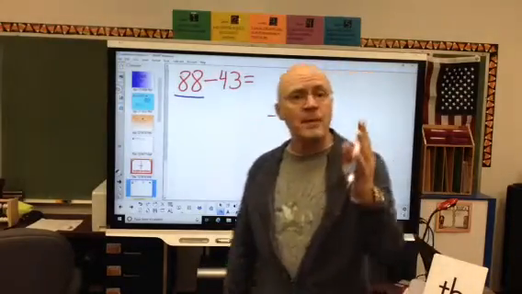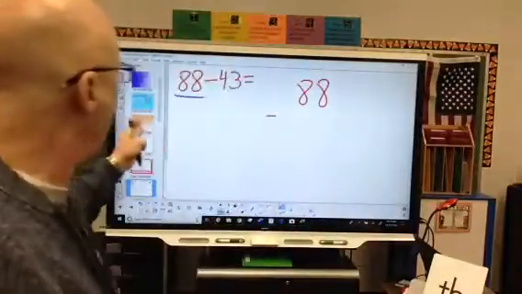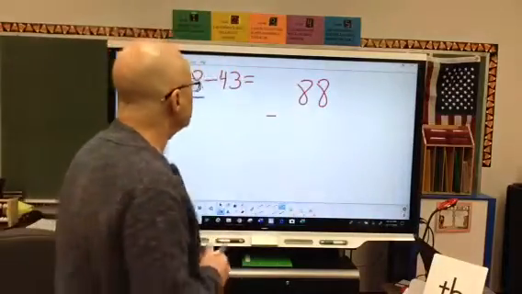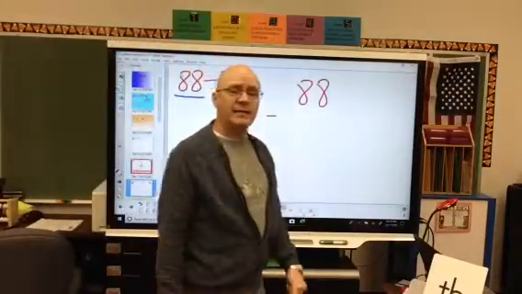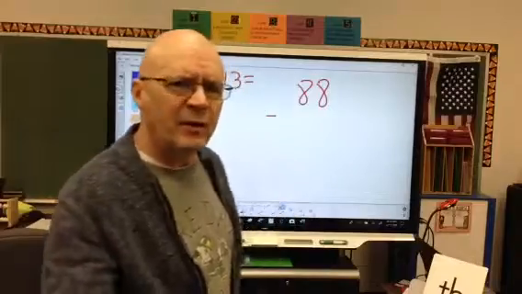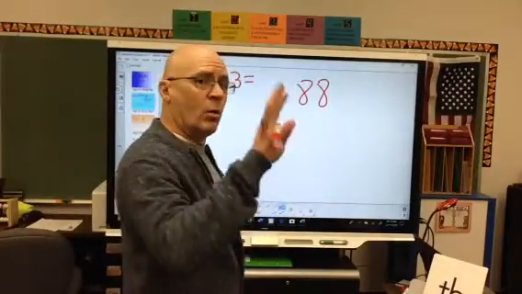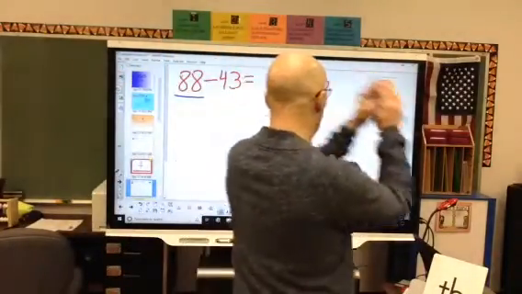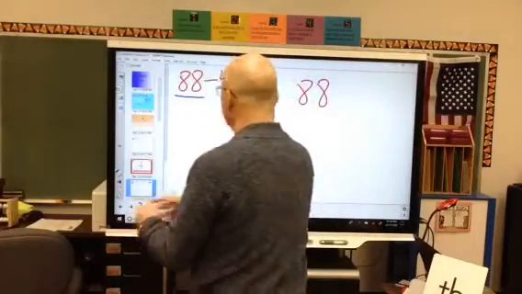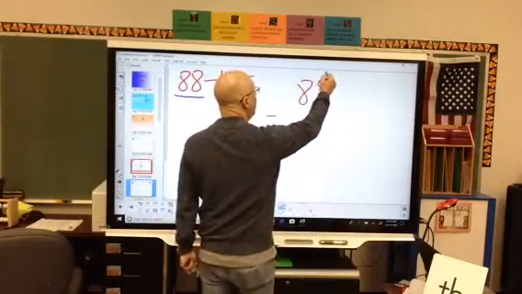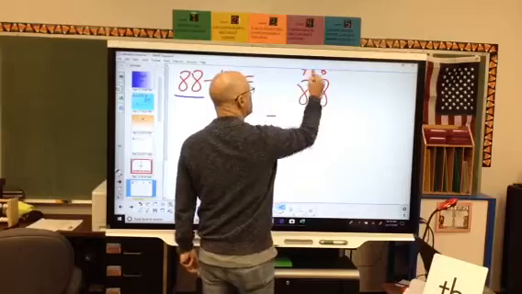Now, I'm going to use my place value to figure out how to line this problem up, because I've got to line the ones up with the ones and the tens up with the tens. When I look at 88, here's my ones, and here's my tens.